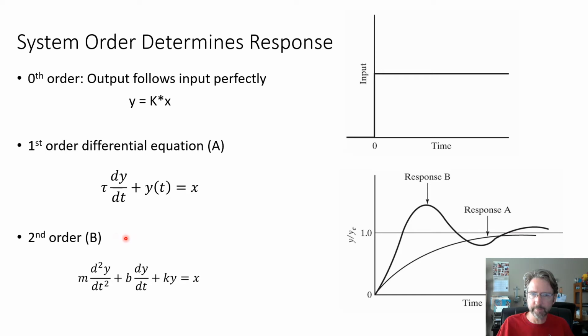And the second order system has a second derivative in it, and it can have the three classic forms for the linear second order equation: overdamped, underdamped, and critically damped. The underdamped case looks something like B here.